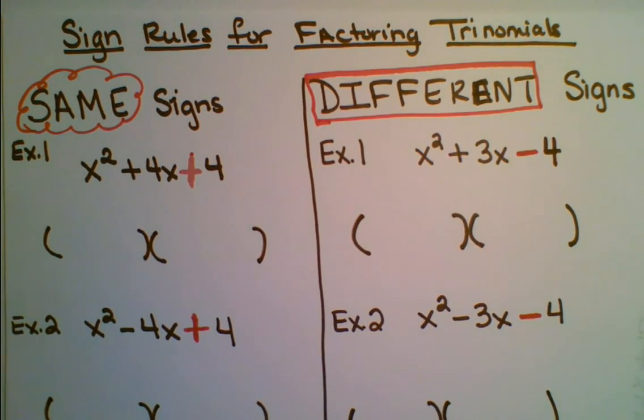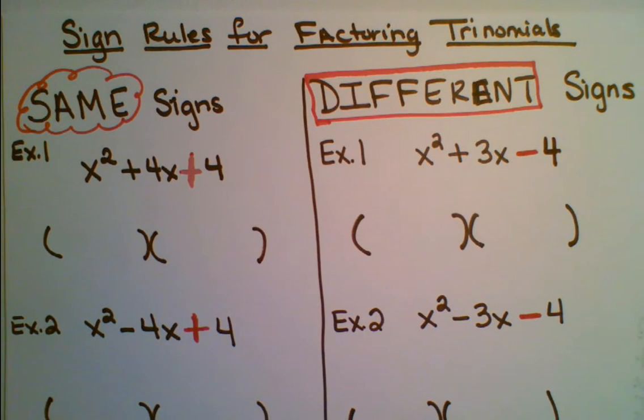And then we're going to determine what signs will go inside the parentheses. So in your notes, I have the rules written out for how you determine if you're going to have two positive signs, two negative signs, or a plus minus sign or minus plus sign in the parentheses.